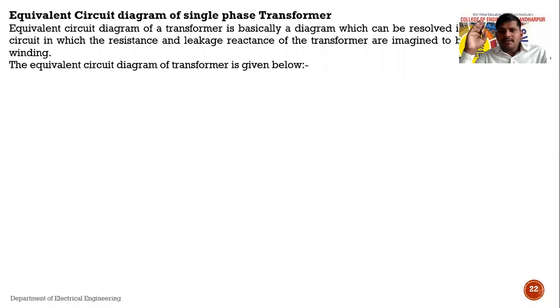So the power at the input side is equal to the power at the output side. There are no losses, so it is the ideal transformer. But practically it will not happen. A practical transformer has some losses.